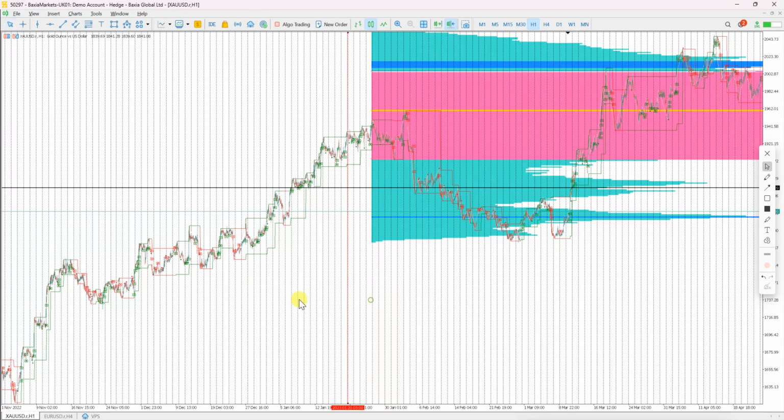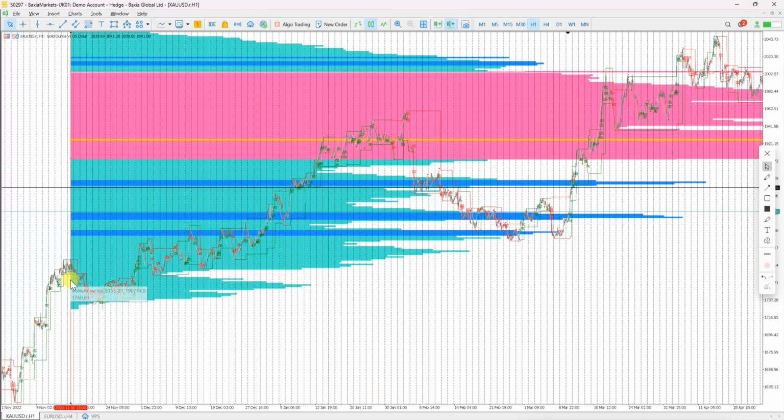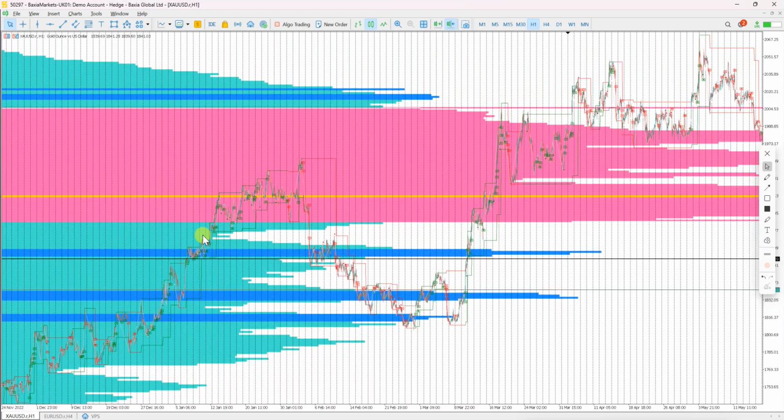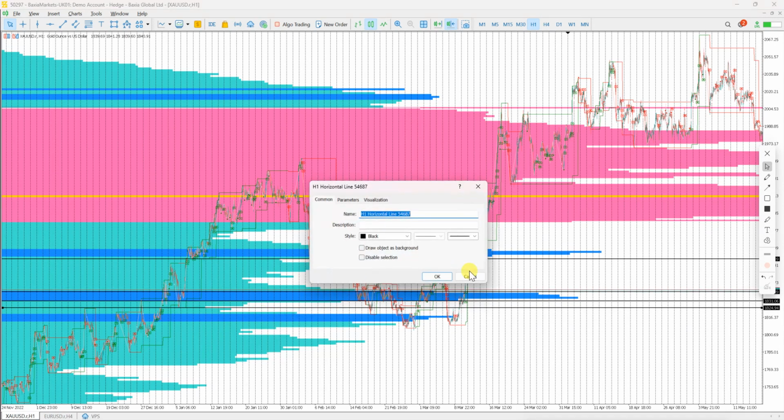Let's go back a little bit further. This looks more interesting. We could have a support right here, because that is a high value node. If it breaks above it, there's a possibility that it might reach the low value nodes.